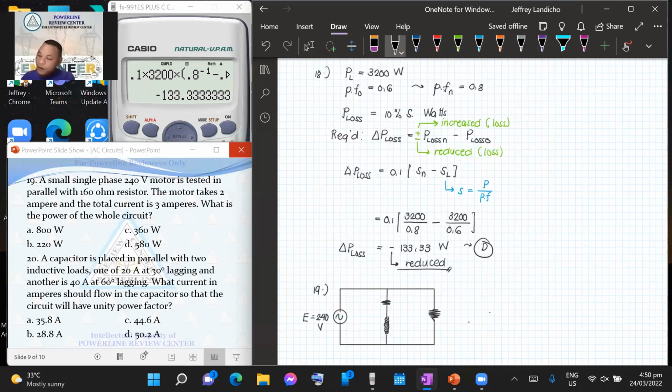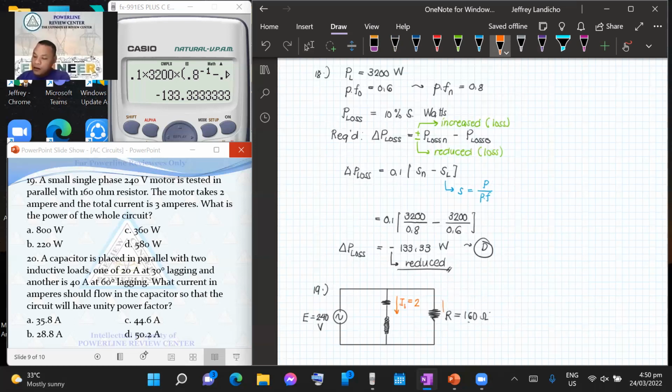So, binanggit ng problem, this given resistance used to test this motor has a resistance of 160 ohms. And we have found out that the current in the given motor, let's say I sub 1, based sa problem, this is only the motor takes 2 ampere.